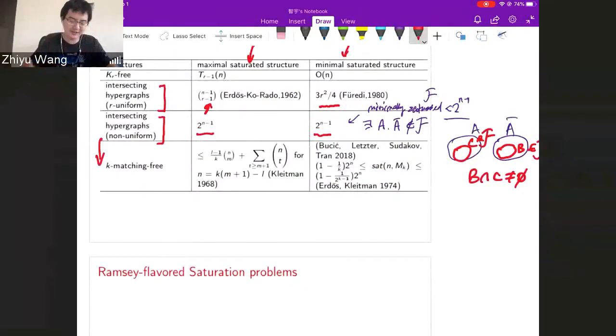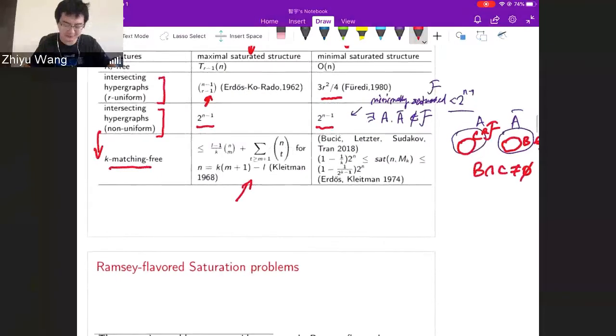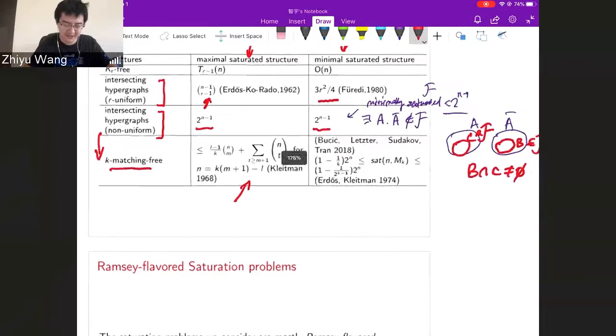So that's pretty easy. And then later on, we can extend this to k-matching free. Instead of having a pair of disjoint sets, let's have k pairwise disjoint sets. If we want to preserve this property, the extremal number, I think, is still open for many values of n and k.